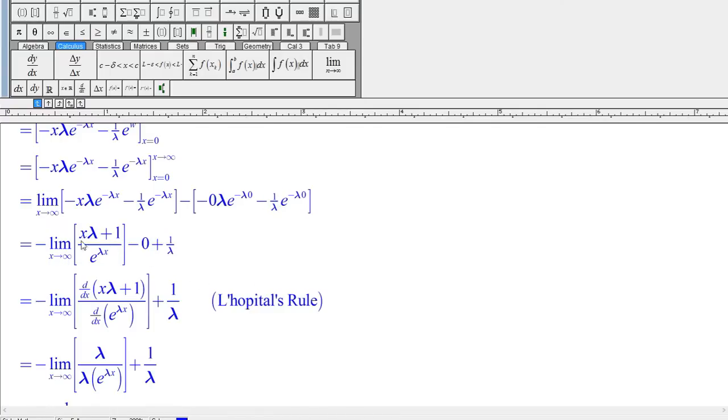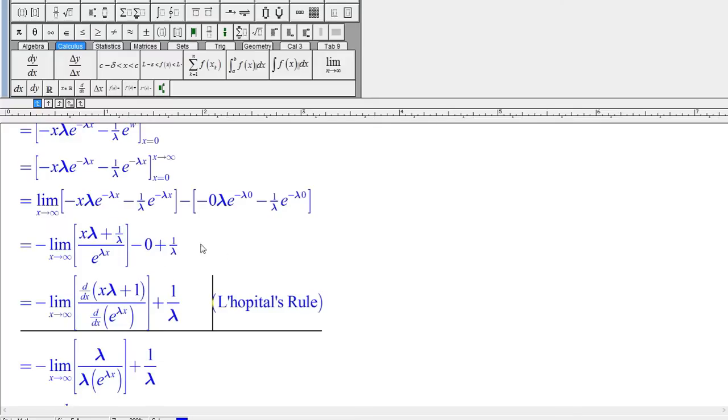Okay, and this one here, we could write it like that. Here I could factor out the e to the minus lambda and actually put it down in the denominator.